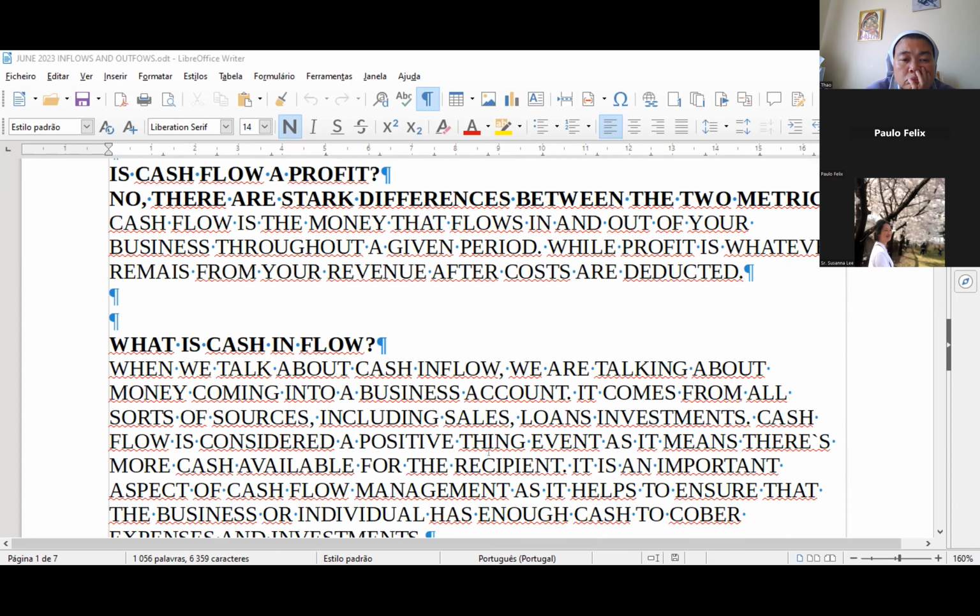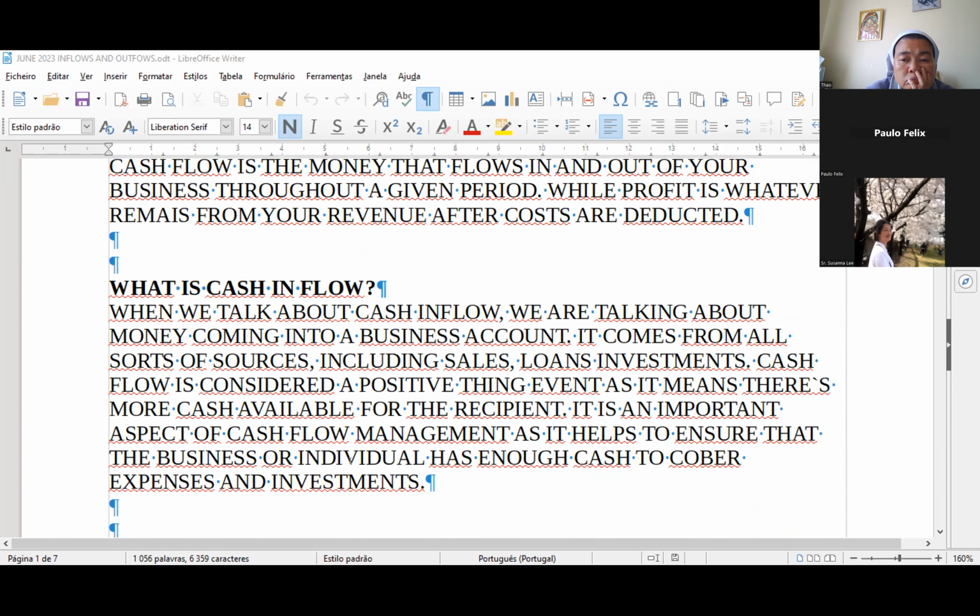It is an important aspect of cash flow management, as it helps to ensure that the business or individual has enough cash to cover expenses and investments.